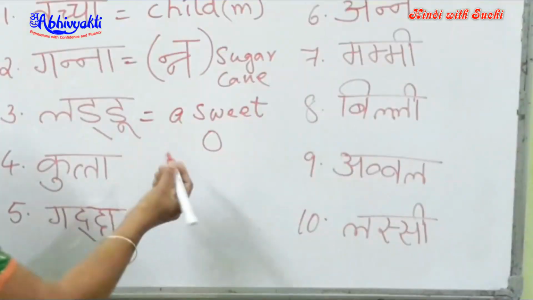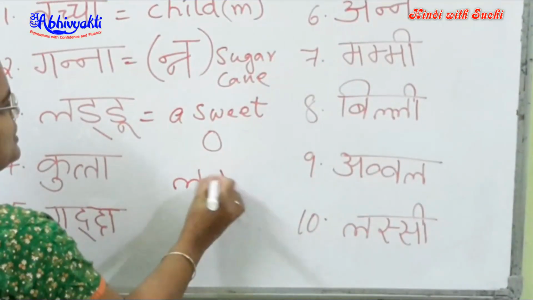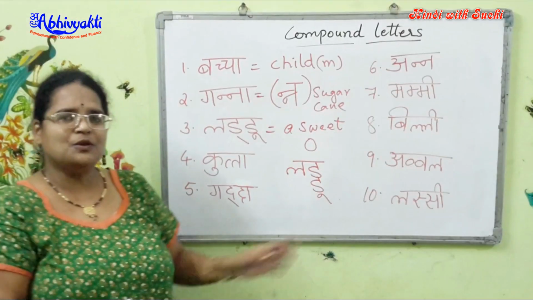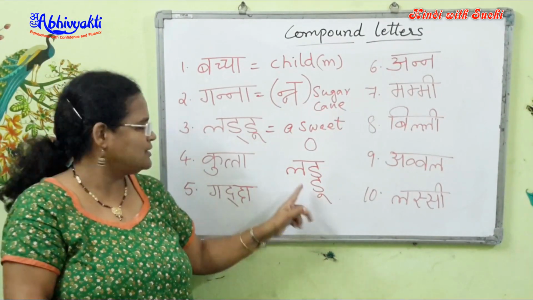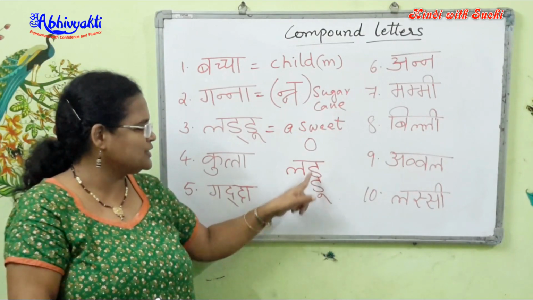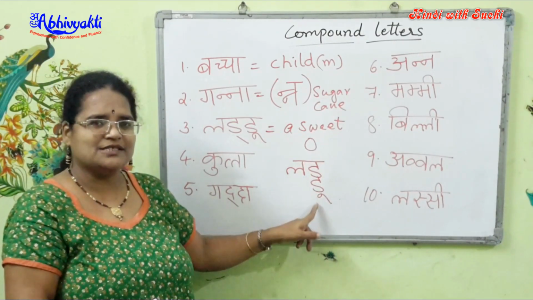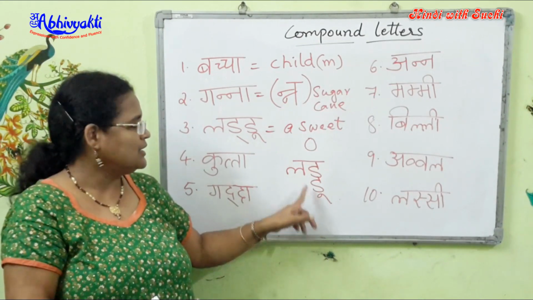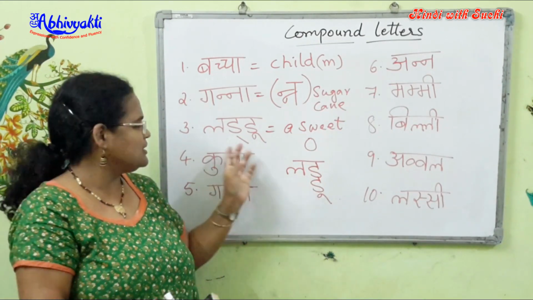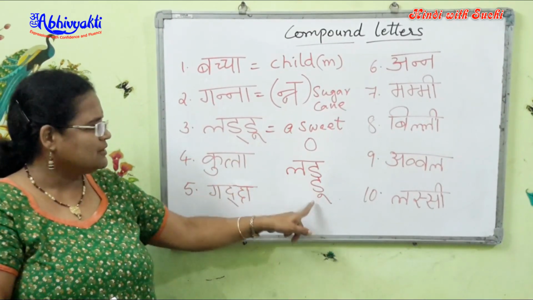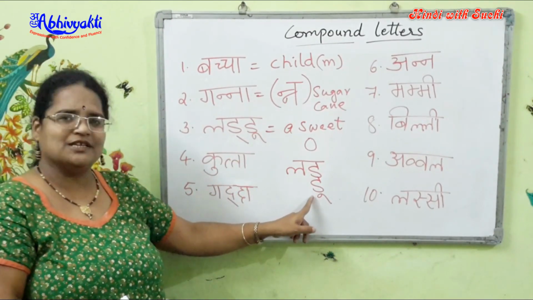Now again, if you want to write laddu, the traditional way of writing it can also be like this, where d and d are joining one below the other, and then you have the u matra there. This is the old form of writing, not used anymore, but laddu is mostly written with this line here, but you'll find some textbooks with this also.